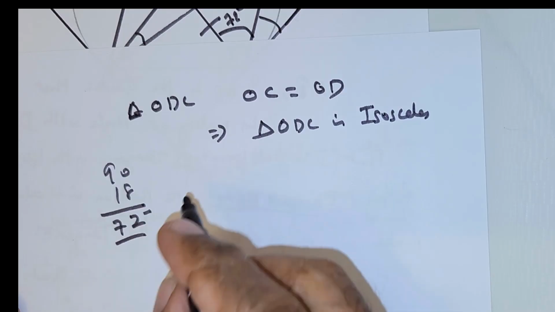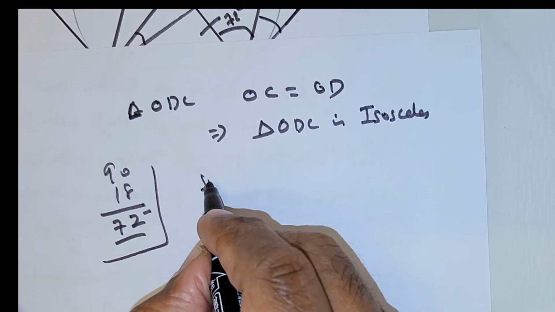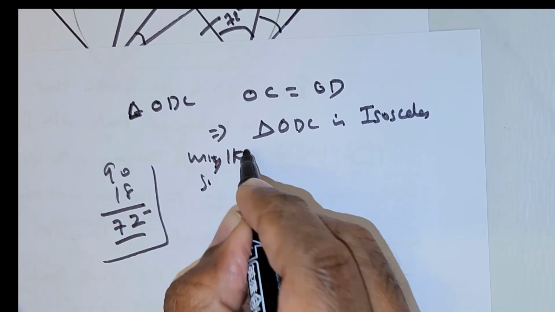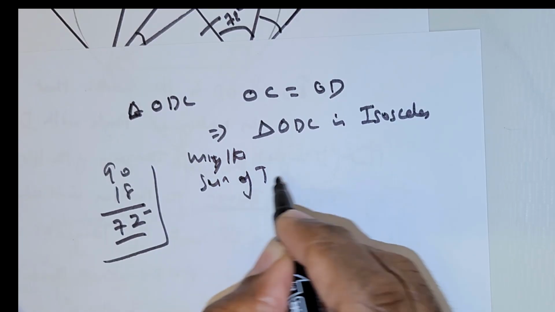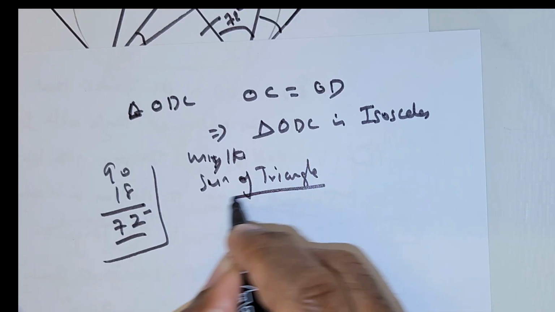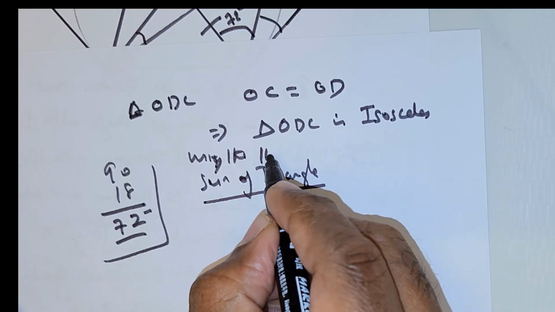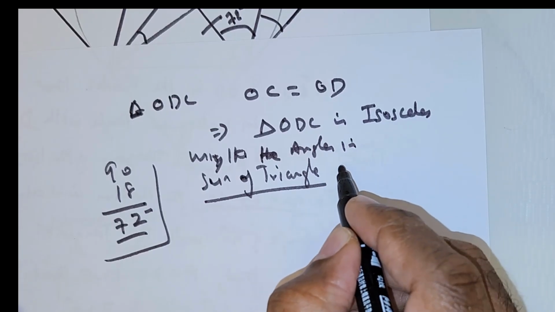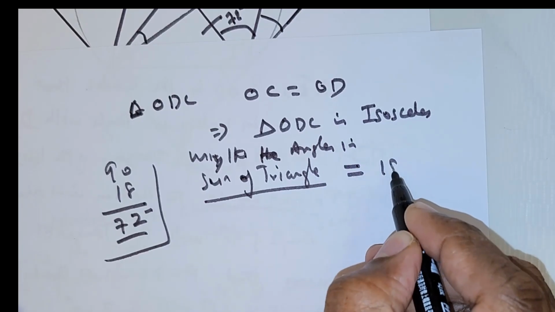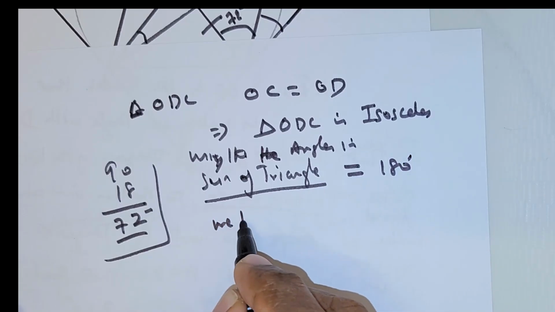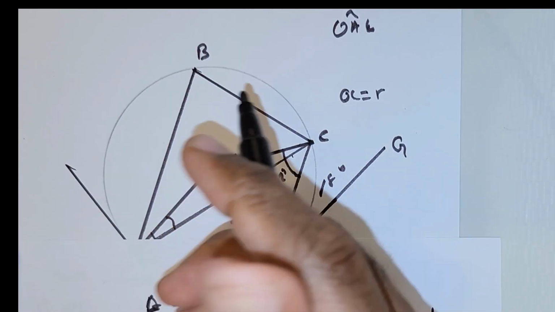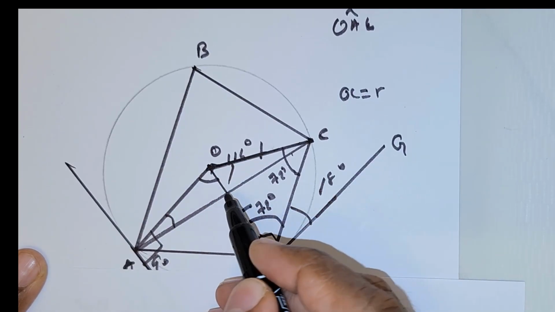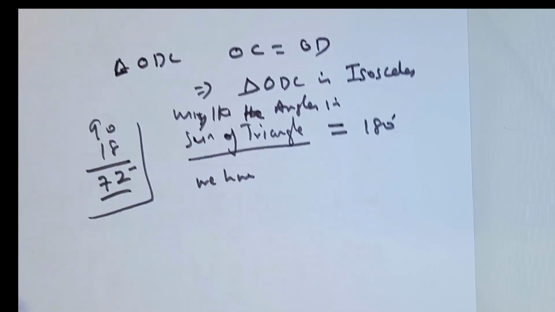So using the sum of the angles in a triangle being equal to 180 degrees, because I'm interested in this angle at O, I only know this angle 114, but we don't need that.